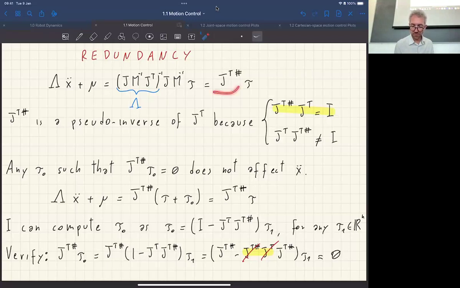So now that we have clarified what this matrix is, we can discuss the topic of redundancy. If I have my control vector tau defined in such a way that when you multiply it times this matrix, you get 0, then it means that these joint torques are not affecting my Cartesian space acceleration.